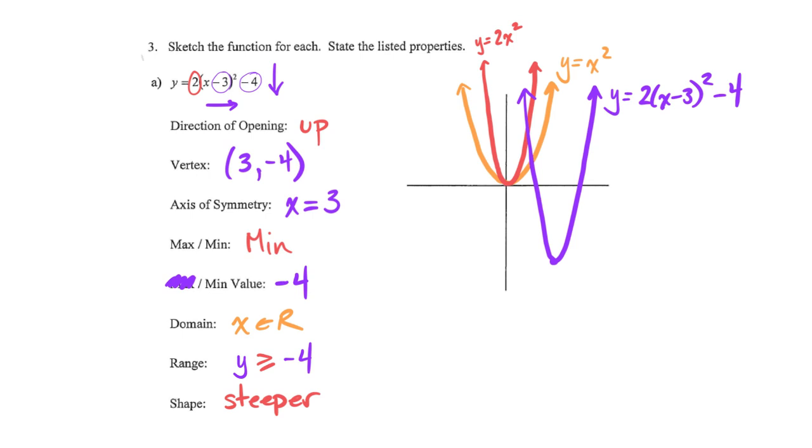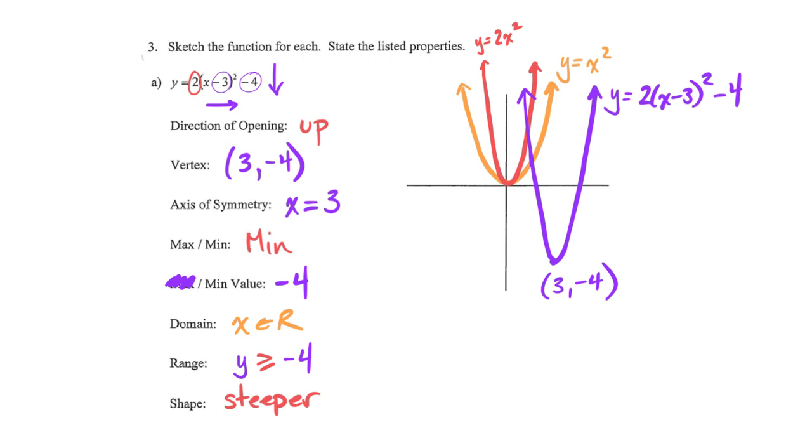We'll go through that process later. But because my vertex is off of the origin, I'm going to need to label it. So there is, as I said, a crude sketch of that parabola, by no means accurate, but it gives me an idea. What I want you to do is just take a moment. I'm going to go through item by item so we can see all of those properties represented on our picture.